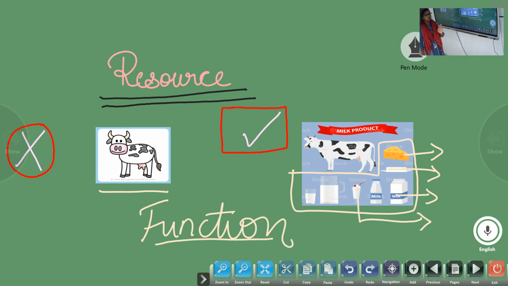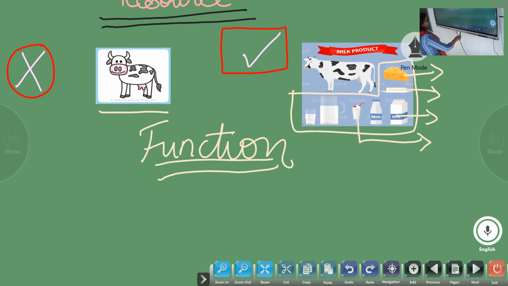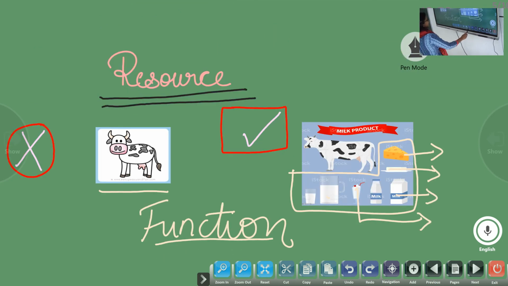Cow in itself is not a resource, but the function is the resource. So, it is very important to know that the term resource does not refer to the thing, it does not refer to the substance, but it refers to the function of that substance. Okay?